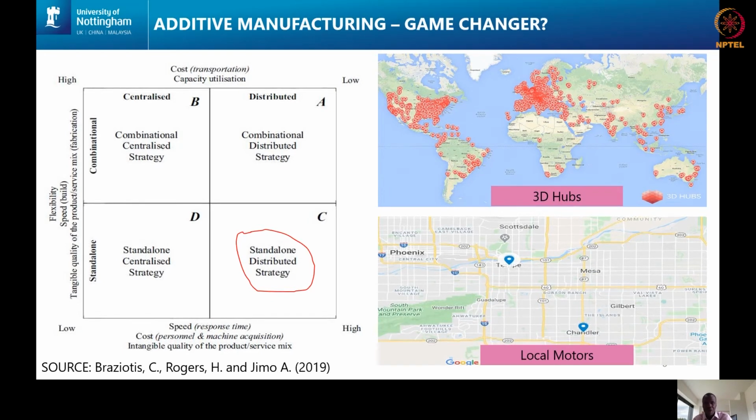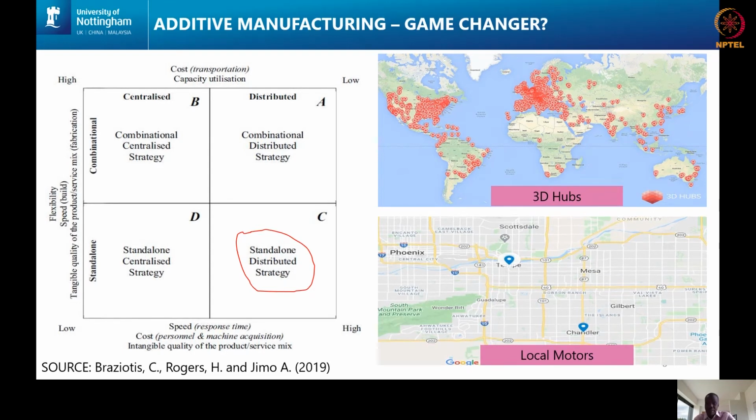And what we discovered, our conclusion, was that it will be more feasible for you to distribute your manufacturing capacity if additive manufacturing is operating in a standalone configuration at the process level. So with less dependence on traditional manufacturing, with less dependence on economies of scale.